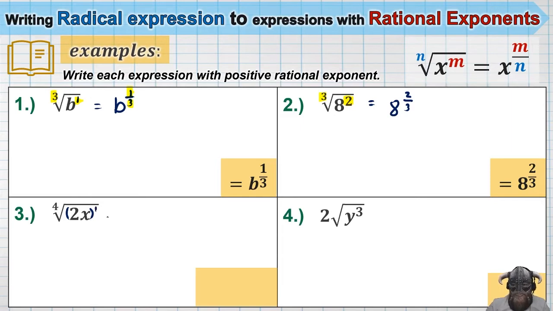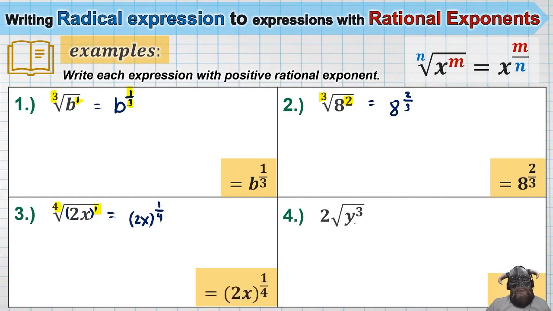Yan. So ang ating magiging sagot will be parenthesis 2x. Yan. Raised to, ang exponent natin will be numerator ay 1, and then denominator will be the index, which is 4. So the answer will be quantity 2x raised to 1 over 4 or 1/4.